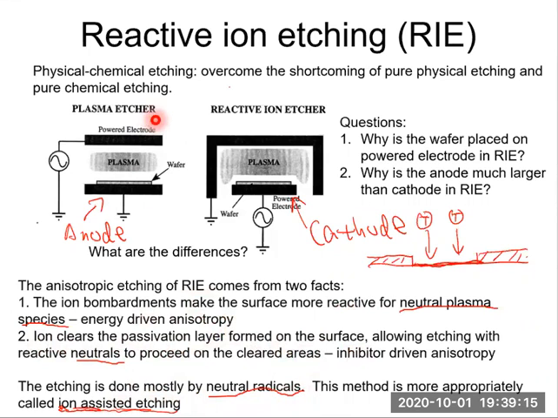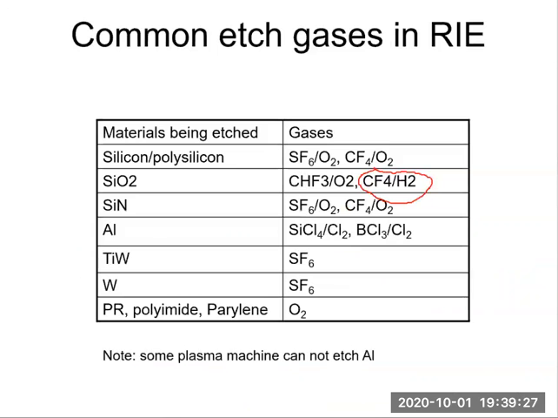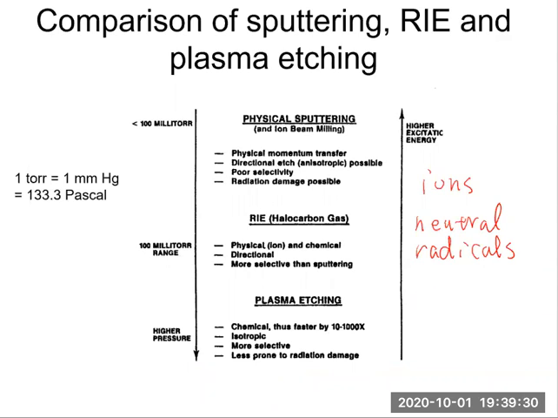So reactive ion etching is more appropriately called ion-assisted etching. Questions? You also know that from top to bottom, the pressure is becoming higher. Physical sputtering has a lower pressure, plasma etching has a higher pressure, and the excitation energy becomes higher from bottom to top.